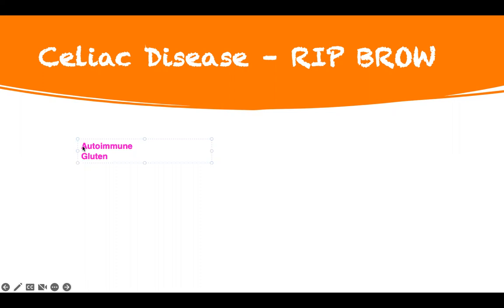It doesn't like that. And when it does that, it destroys the main structure that is involved in absorbing food, which is the villi in the small bowel intestines. These are finger-like projections that absorb food from the intestines to the hepatic system, portal system, so that it can go into the rest of the body. They're responsible for that.